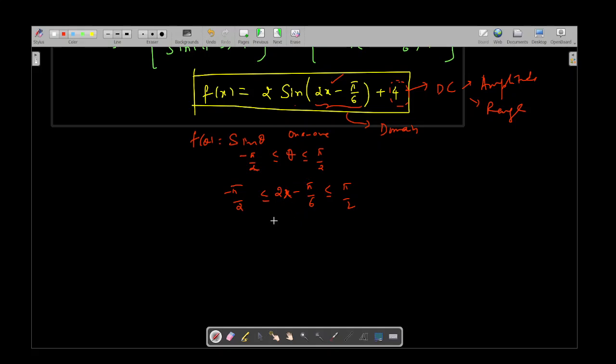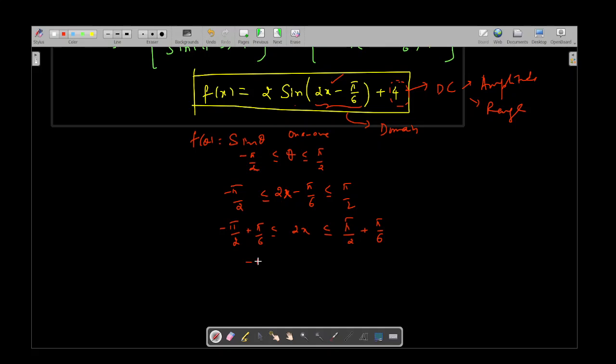So I'll add plus pi by 6 on both sides. I'll get minus pi by 2 plus pi by 6 less than or equal to 2x less than or equal to pi by 2 plus pi by 6. Here minus pi by 2 is minus 90, plus 30, so it is minus 60.